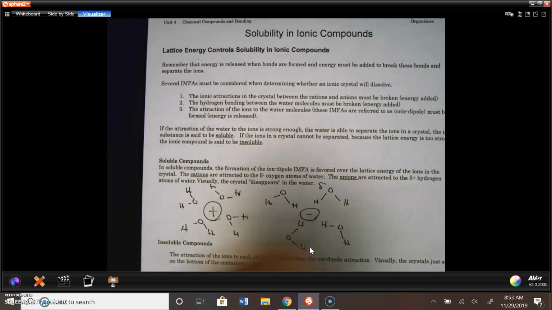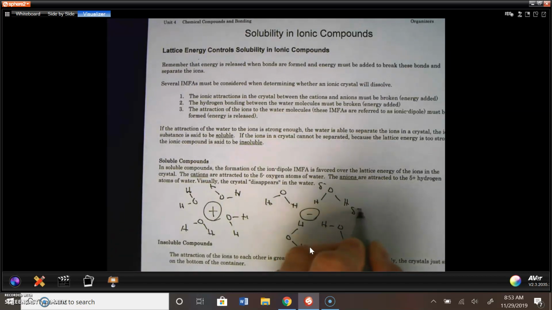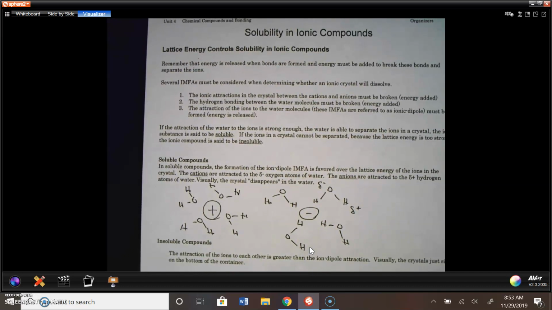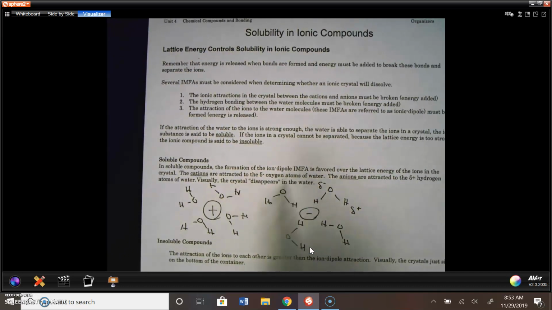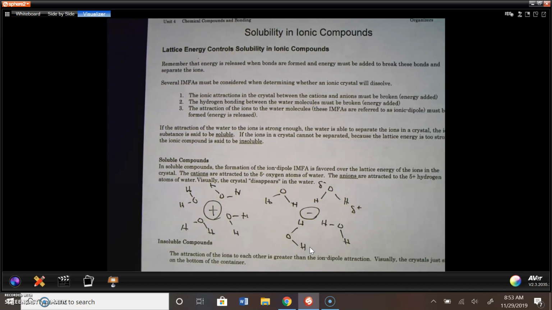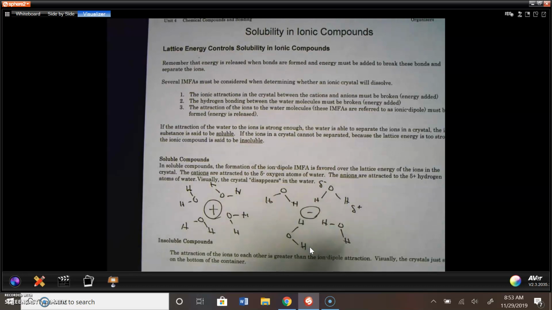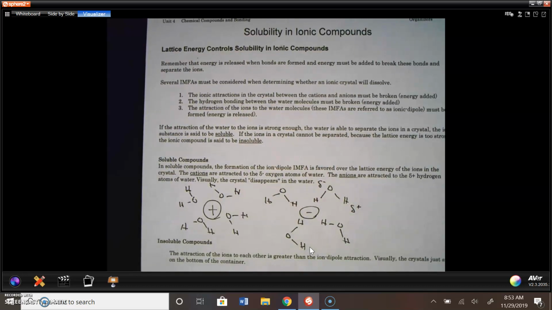Partial negative. Hydrogen will have that partial positive. So the positive parts of hydrogen will be attracted to the negative anion. Again, electrostatic attractions. The negative part of the water molecule will be attracted to the positive cations. And so we call this an ion dipole interaction. Okay, so if the substance is soluble, these attractions are much stronger than the lattice energy.